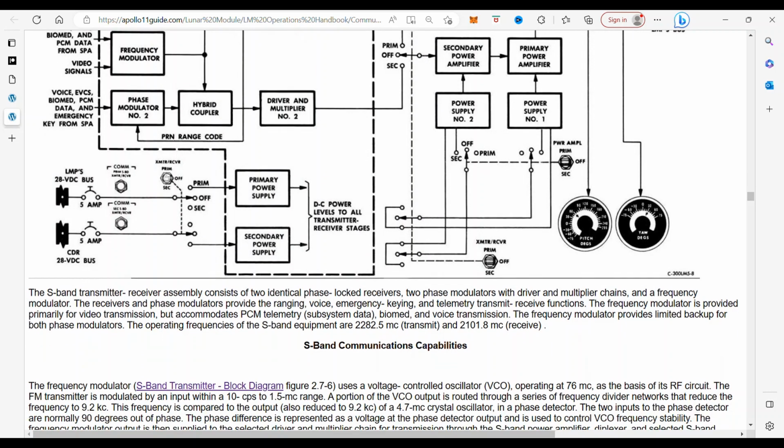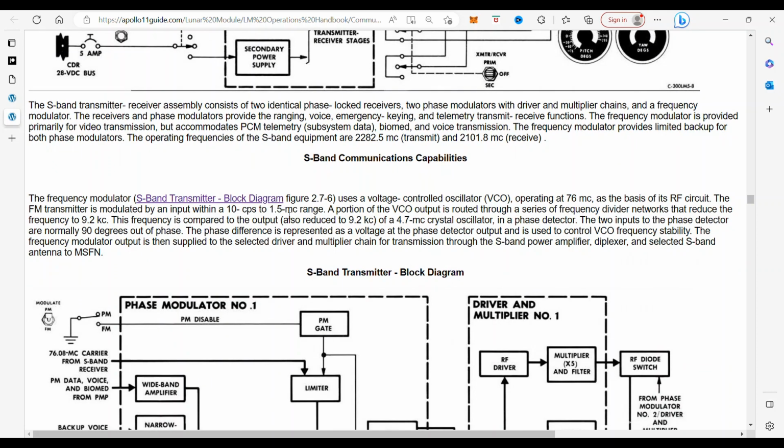So if you really want to look at everything I said, it's all in this paragraph. So all that time I took is right in here. I just tried to make it simple. And if you look right here, it says a portion of the VCO, or the voltage controlled oscillator output, is routed through a series of frequency divider networks that reduces the frequency to 9.2 kc.